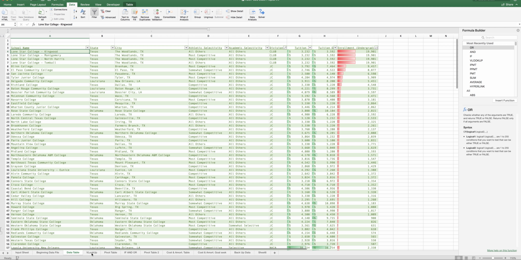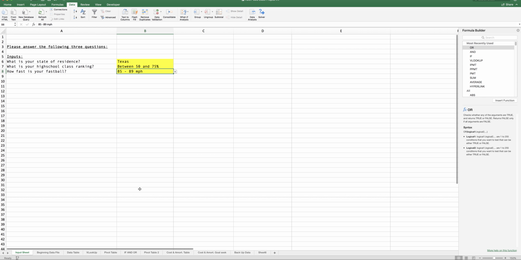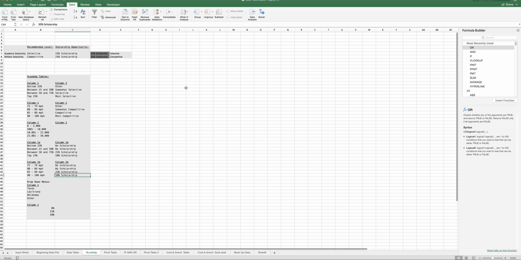Then I used VLOOKUP in an effort to put context behind the answers to the three questions you were asked to answer. Using the VLOOKUP table, I matched those answers to the data set.